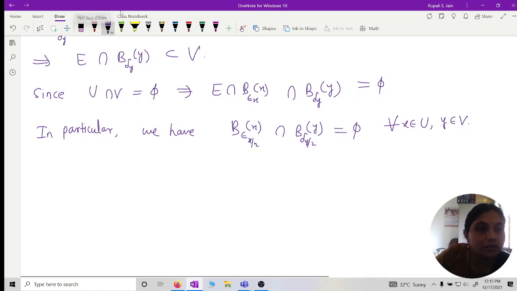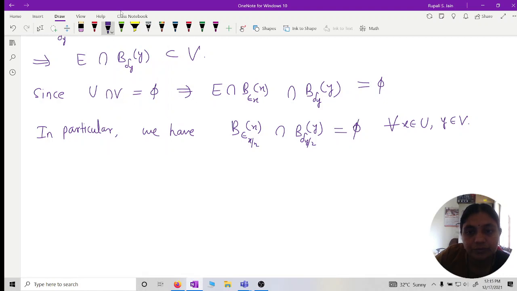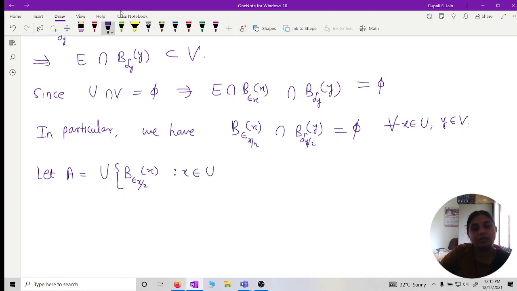Let me write like this. Now let A be equal to the union of all these balls of radius epsilon x by 2 such that x belongs to U. Take their union.